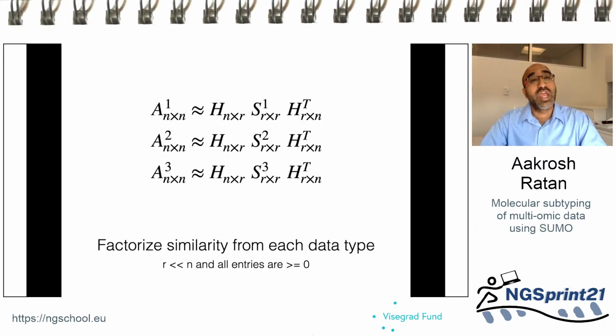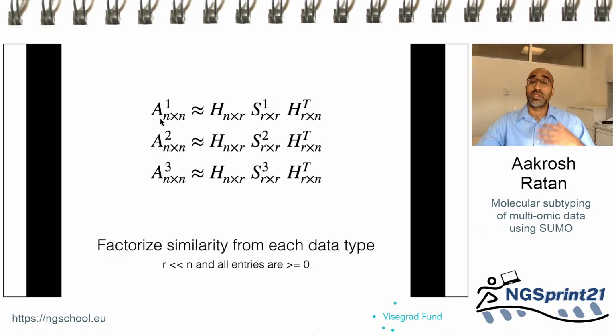Once you do this for every data type of interest, let's say you started out with 3 different data types, you now have 3 similarity networks, A1, A2, and A3. For now, let's assume that you have data for all the data types for all the patients. So each one of these will be an n cross n matrix.